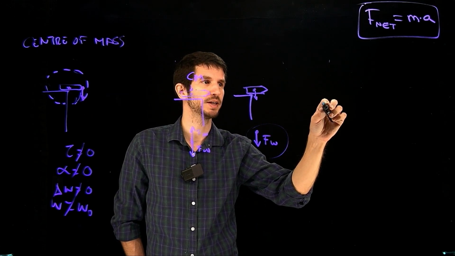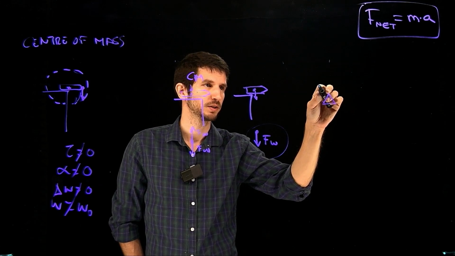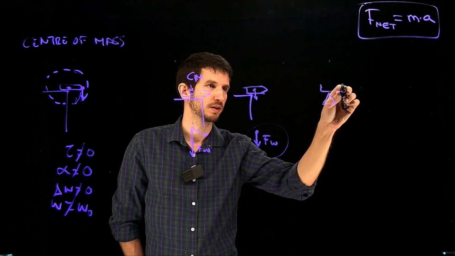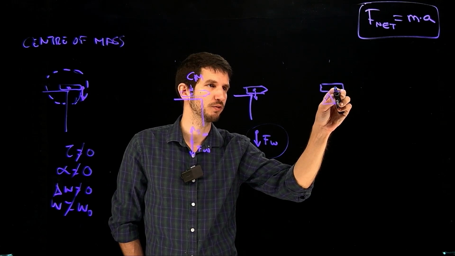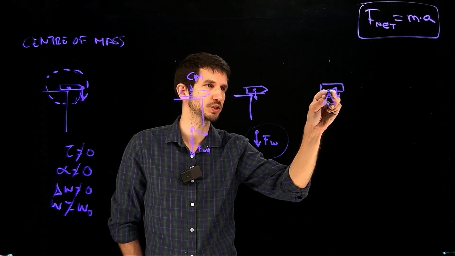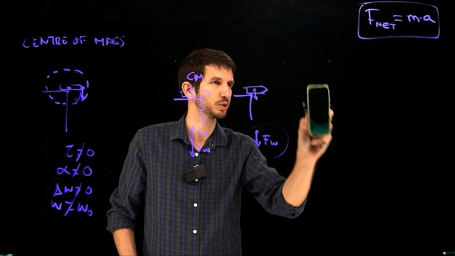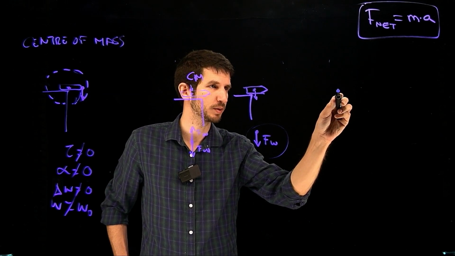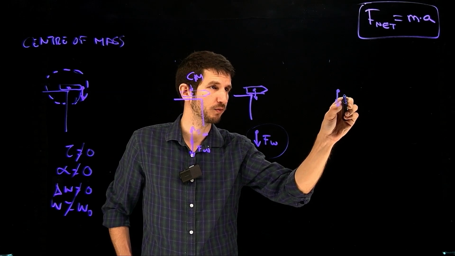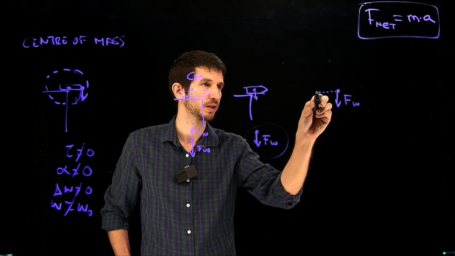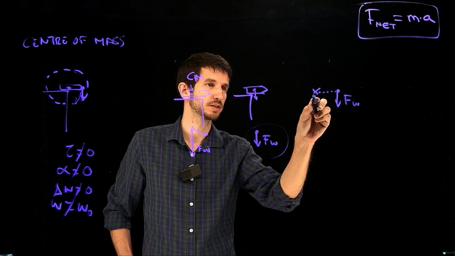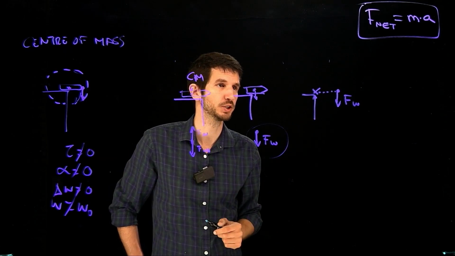And so I can describe the pencil as simply an object that is receiving a force. Let's draw this again. I'm going to describe the pencil as a point where I'm applying a force, which is the weight, at a distance from an axis, which will be the edge of the table.